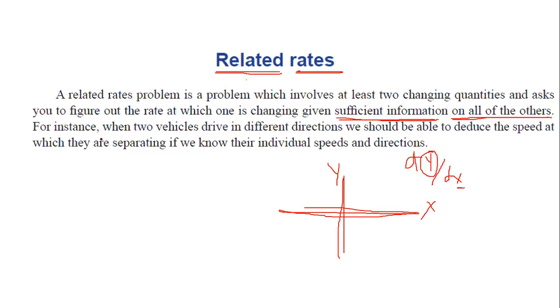For instance, when two vehicles drive in different directions, we should be able to deduce the speed at which they are separating if we know their individual speeds and directions. So if x and y are two variables, like an x vehicle and a y vehicle, and the rate of change is available for x only, we can find the rate of change of y.